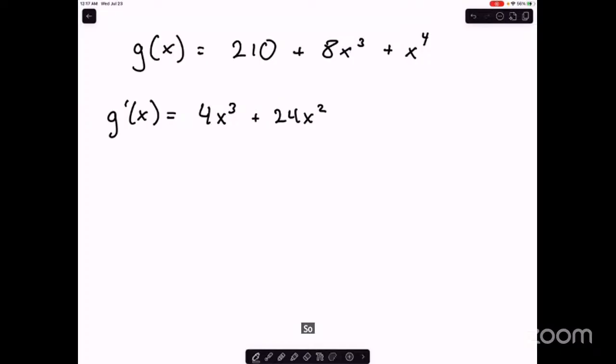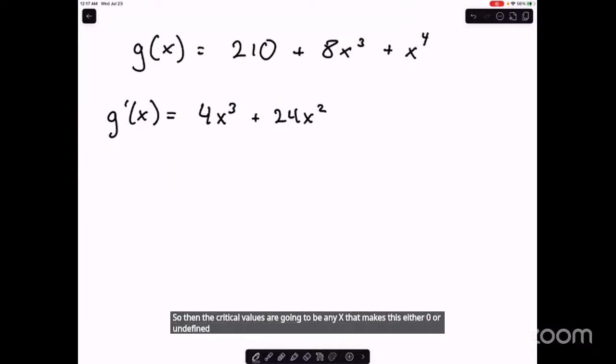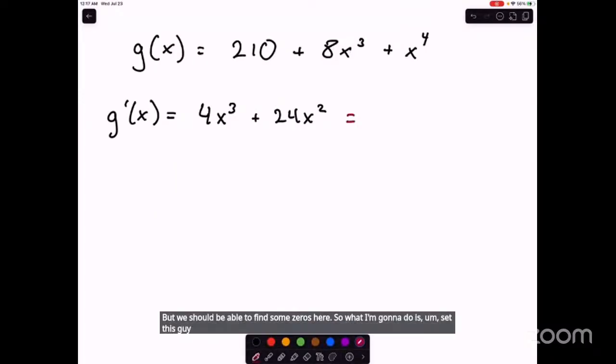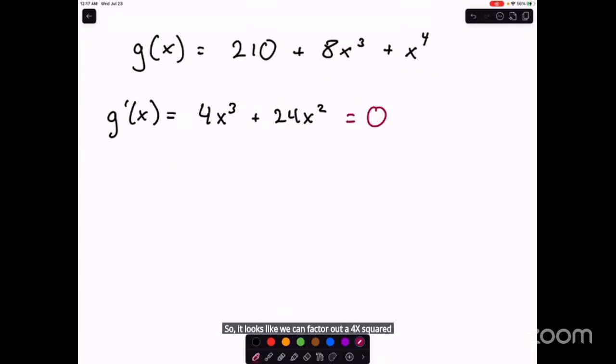So the critical values are any x that makes this either 0 or undefined. Since this equation is a polynomial, it's not going to be undefined, but we should be able to find some zeros. So I'm going to set this equal to 0 and solve. We can factor out a 4x squared from both terms, and we're left with x plus 6 equals 0.